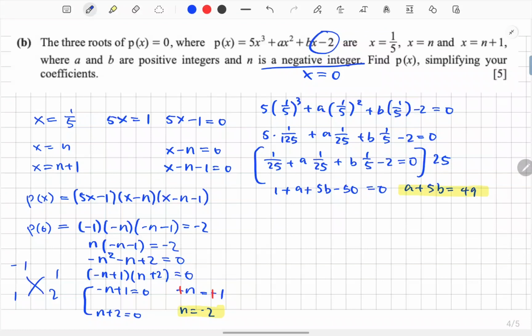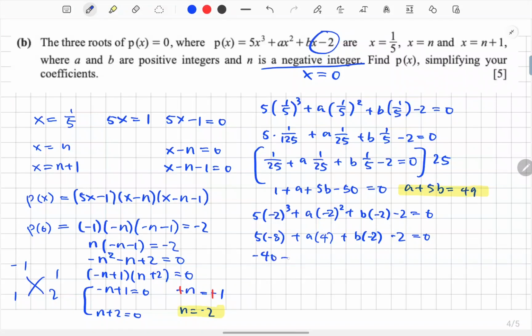The second part, we will use x is n, and the n we got is negative 2. And here we have our second equation.